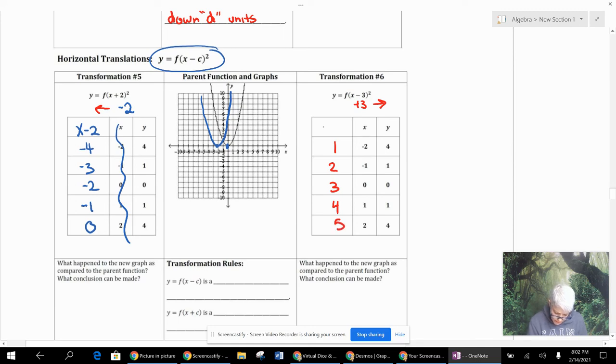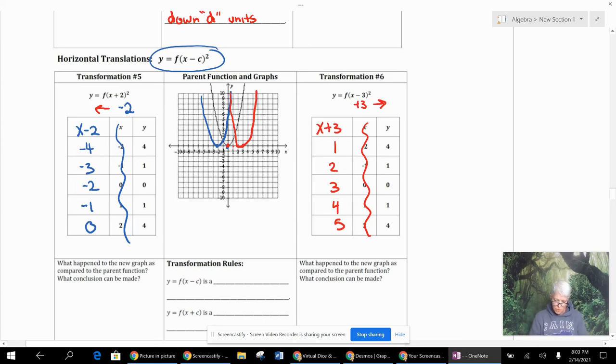And this is going to be x plus 3. And now what do you think this is going to do? Well, again, if I start with the vertex, I'm just going to move the parabola over 3. 1, 2, 3. It's going to be right here.